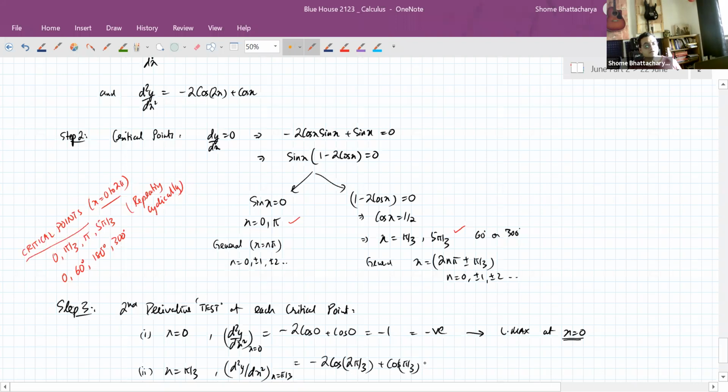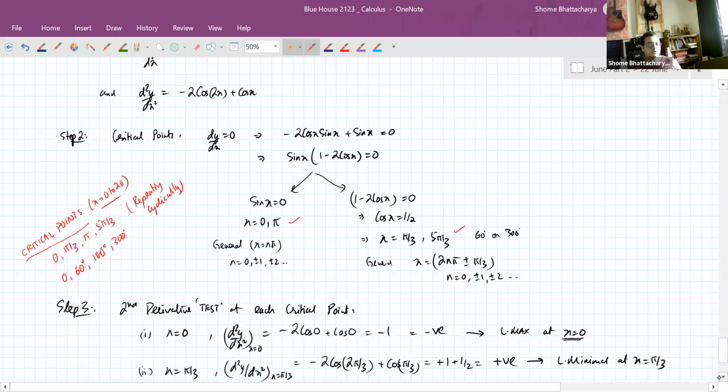So cos 120 is minus half. So this will become minus 2 into minus half, that's plus 1, plus cos 60, that's half. So it's positive, which means we have a local minima at x equal to pi by 3.